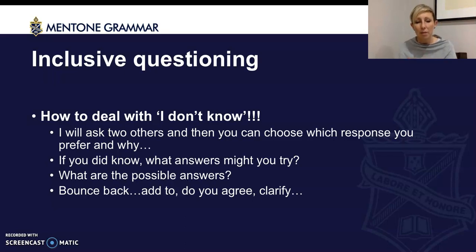Sometimes that can give the student an opportunity to take a breather and listen to a possible answer, while still engaging and participating in the class, and not giving them the opportunity to say I don't know. This is also likely to reduce the amount of I don't knows that you get in questioning scenarios.